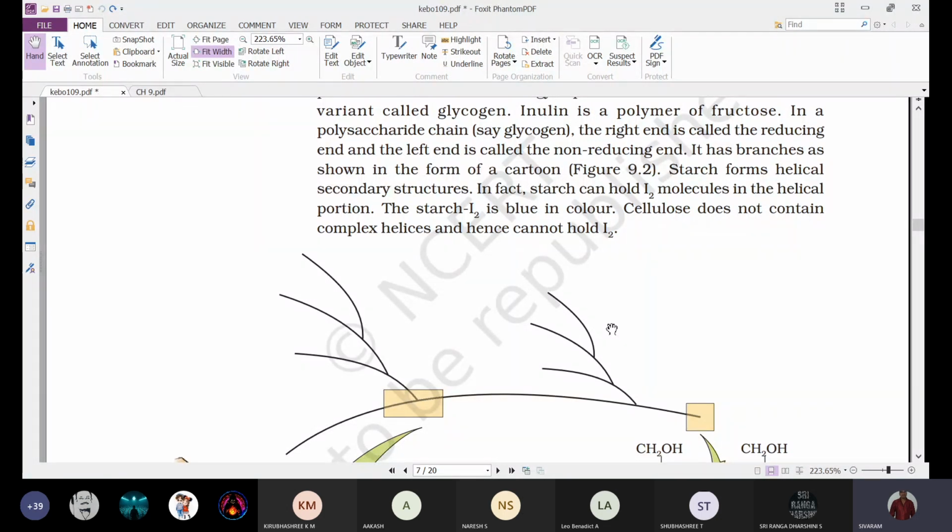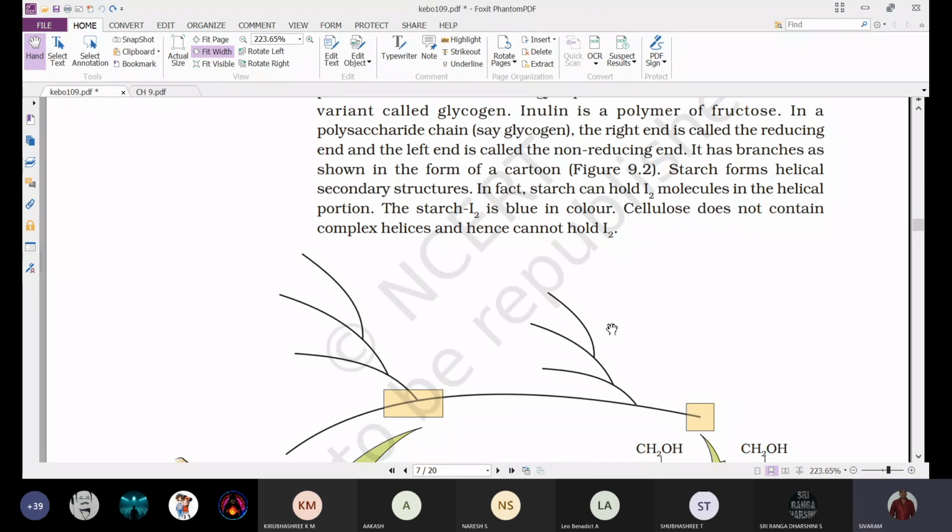What happens? The chain folds among itself. As a result, it forms a large number of helices, and these large number of helices can hold more iodine molecules when iodine is added to the starch solution.